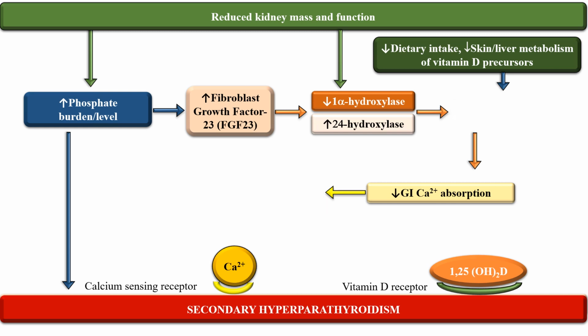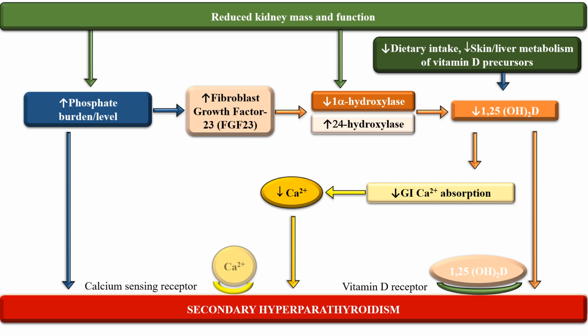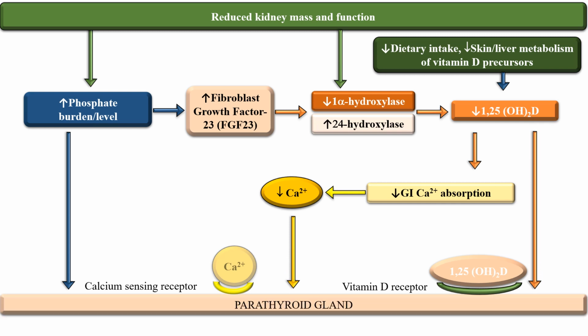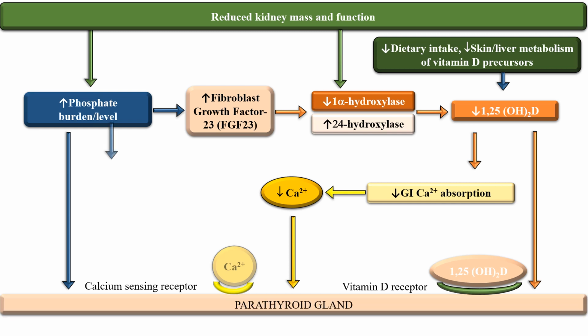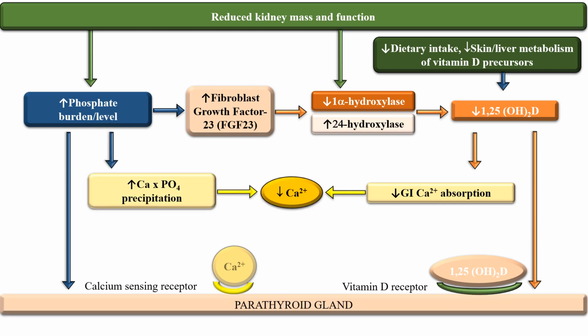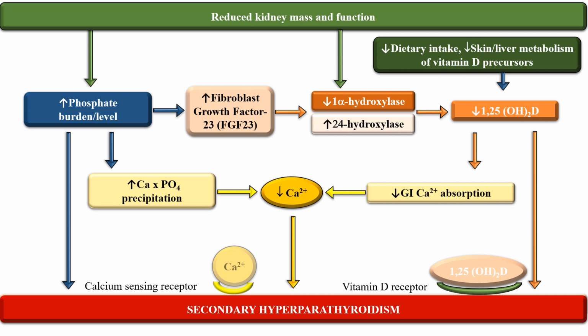The lower 1,25 and calcium levels lead to the loss of negative feedback to the parathyroid gland, thereby allowing the parathyroid gland to continue to proliferate and secrete PTH, giving rise to secondary hyperparathyroidism. The accumulation of phosphate in CKD can also precipitate systemically with calcium to further lower serum calcium and further contribute to secondary hyperparathyroidism.